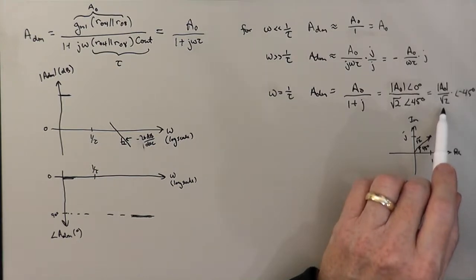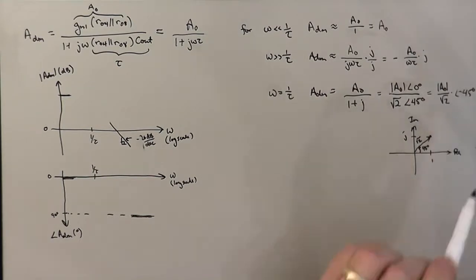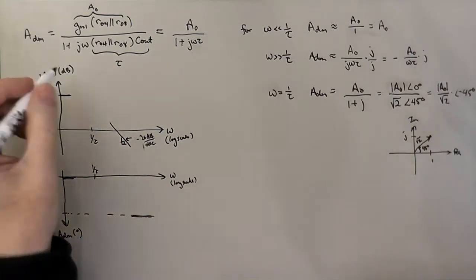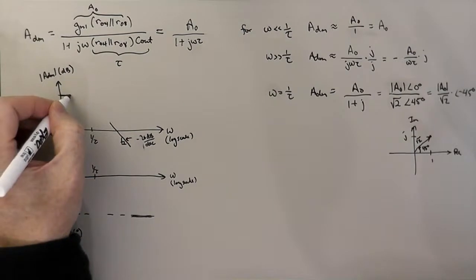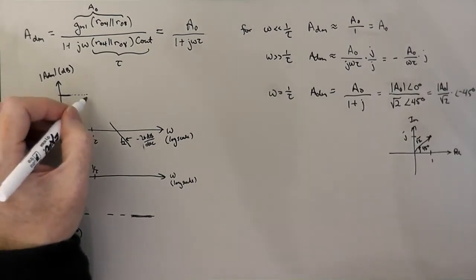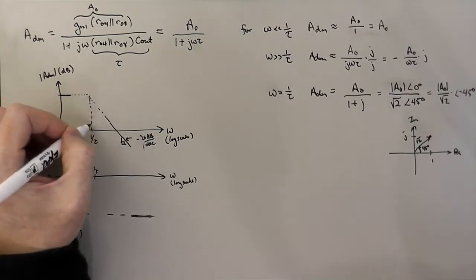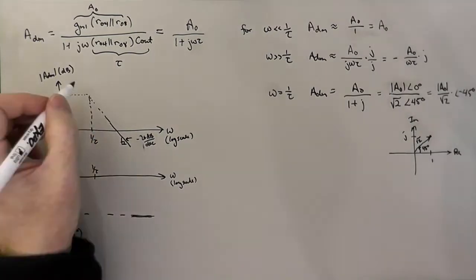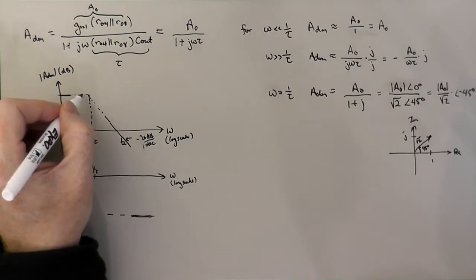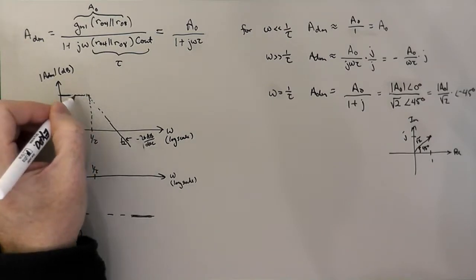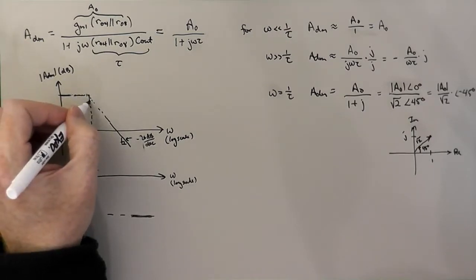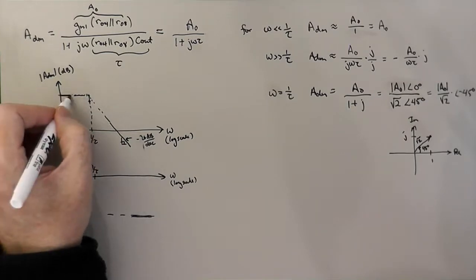And it turns out that root 2 is very close to minus 3 dBs. And so, as it turns out, these straight lines kind of meet at this frequency, which is called the corner frequency. But the actual magnitude is down by 3 decibels.